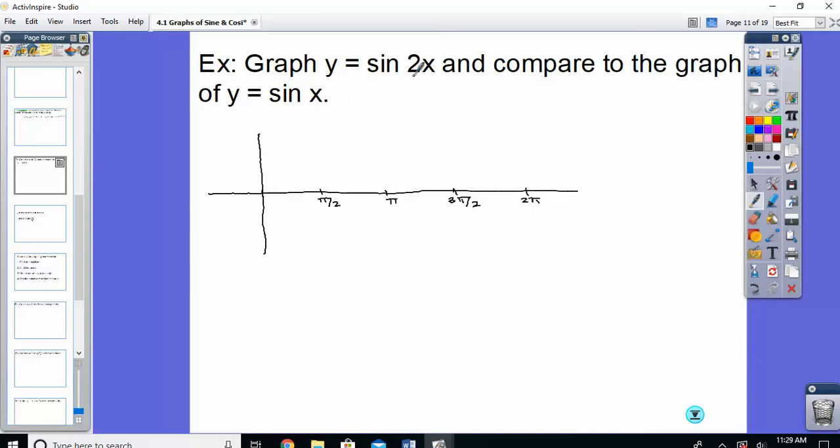If I plug in a 0 to this, 2 times 0 is 0, sine of 0 is 0. If I put in pi over 2, 2 times pi over 2 is pi, and sine of pi is 0.